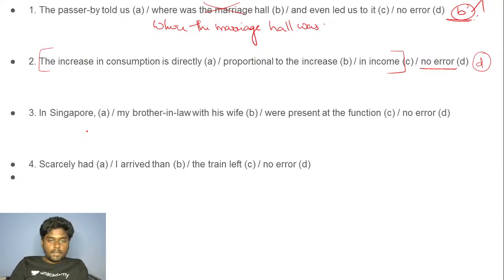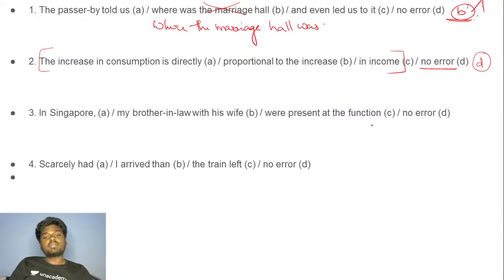In Singapore, my brother-in-law with his wife were present at the function. So definitely you'll be having a confusion whether it will be option B or option C for the third one.